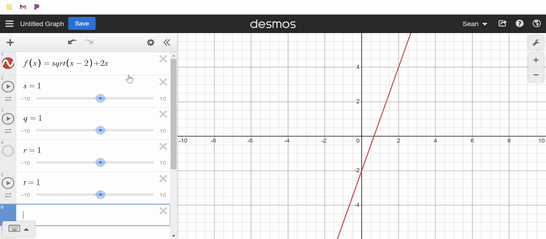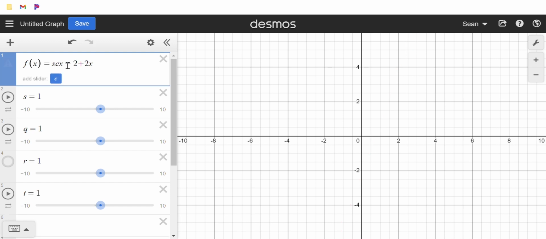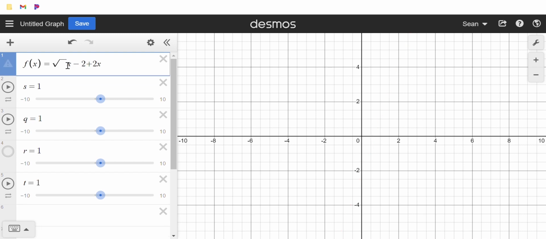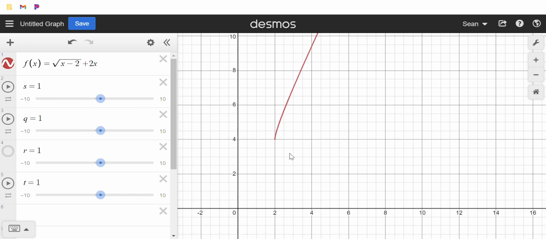There we go. And we could look at a graph of this thing. And notice that before the value of 2, right, for values smaller than 2, it just refuses to graph it. It says, no, I'm not going to do that. That's not a thing. That is not in the domain, right?